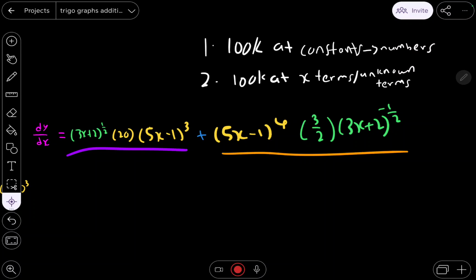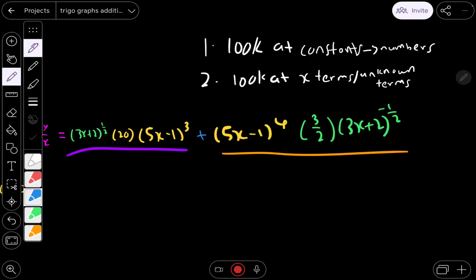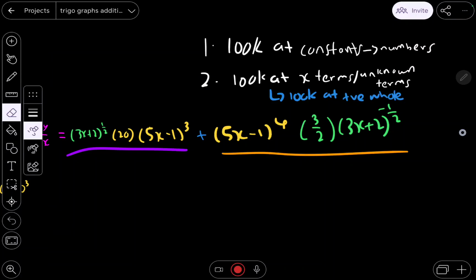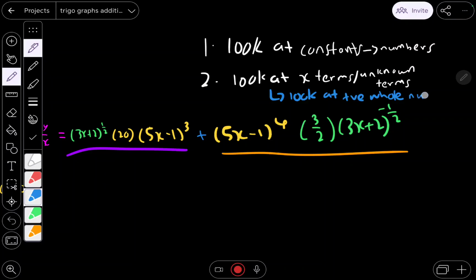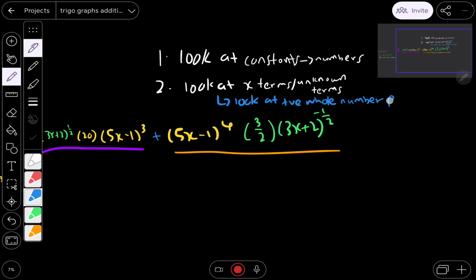Usually, when you look at your x term, there is one more thing to add: I will always look at positive whole number powers. You might want to take this down. So these are your two steps.